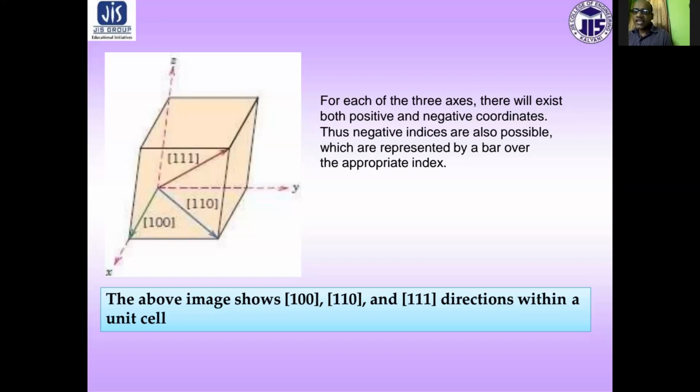Thus, negative indices are also possible, which are represented by a bar over the appropriate index. And this figure shows the 100, 110, and 111 directions within a unit cell.